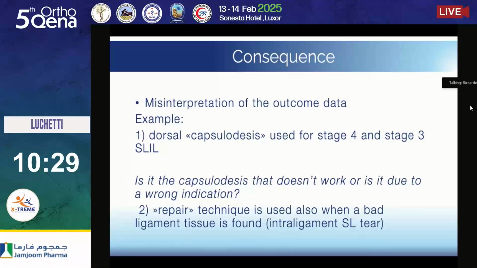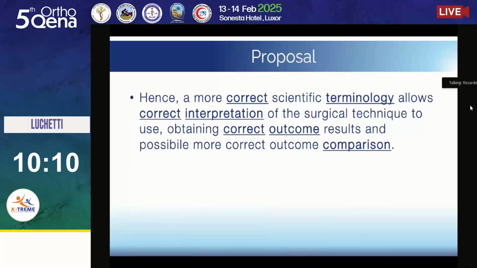So, for example, dorsal capsulodesis used for stage 4 and stage 3 absolutely fails, because for stage 4 you have to use the reconstruction, for stage 3 the capsulodesis, that is not a reconstruction but is a reinforcement. And reconstruction is frequently used also for repair.